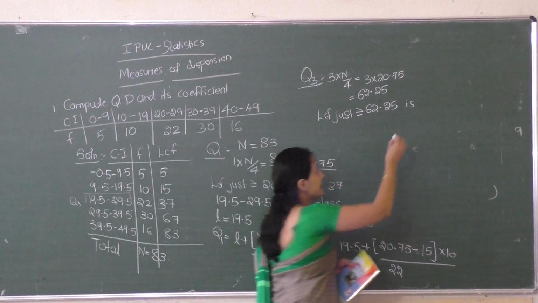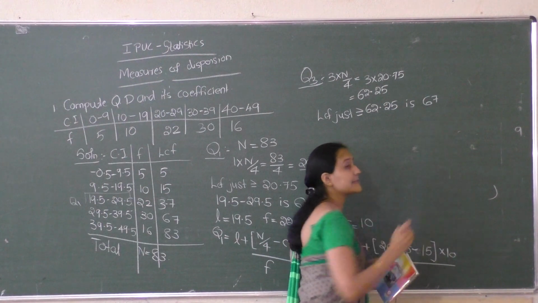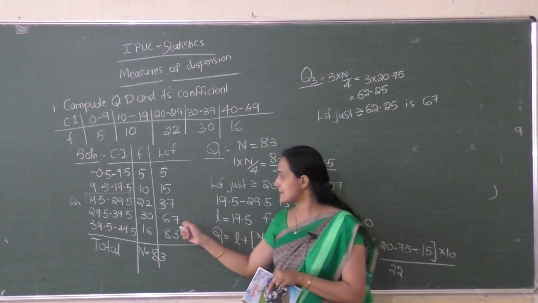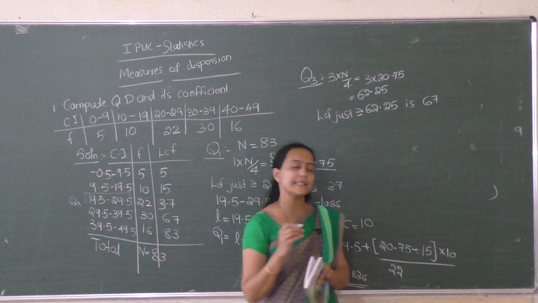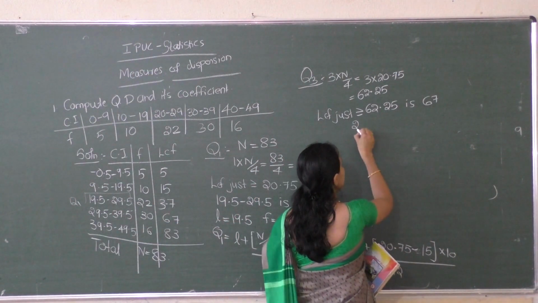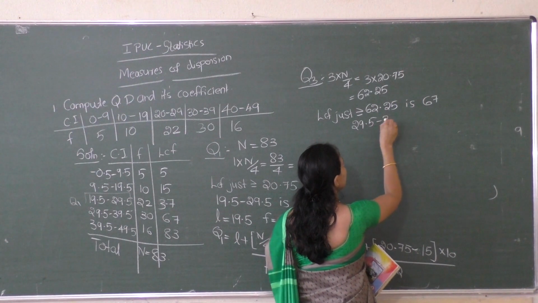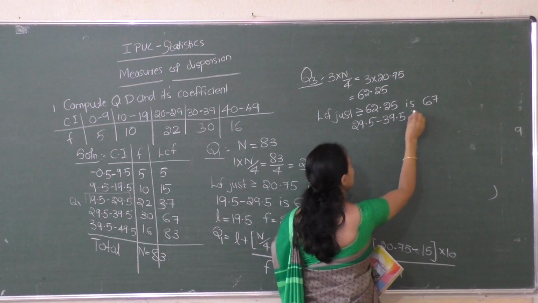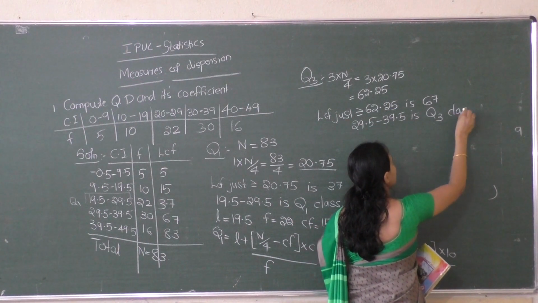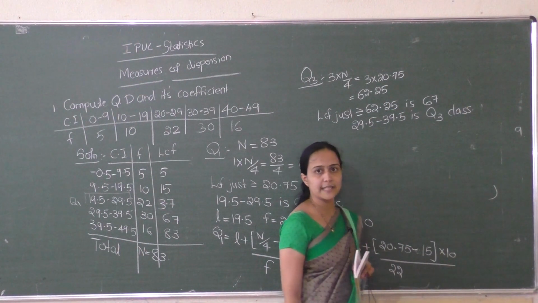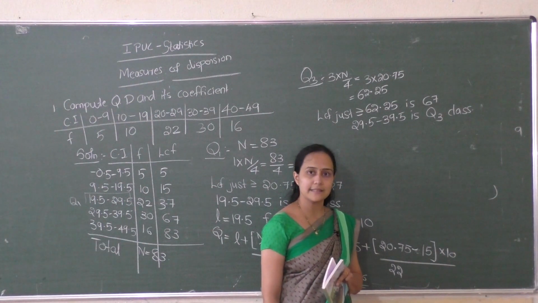Correct? It is 67. Corresponding class is 29.5 to 39.5. That is our Q3 class.